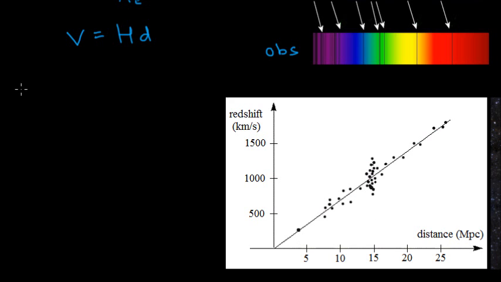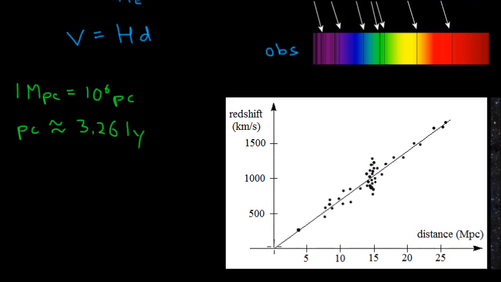Just for a sense of scale, 1 megaparsec is 10 to the 6, or a million, parsecs, and a parsec is equal to about 3.26 light years. So when we're talking about distances 10 or 20 megaparsecs away, we're talking about tens of millions of light years away. That gives you a sense that these are very distant objects.